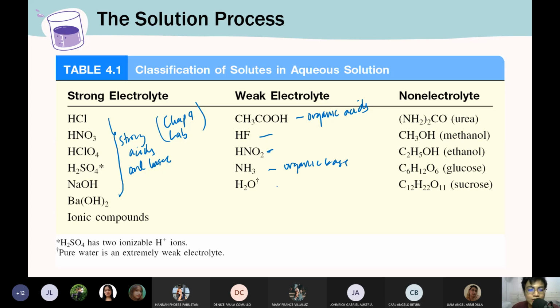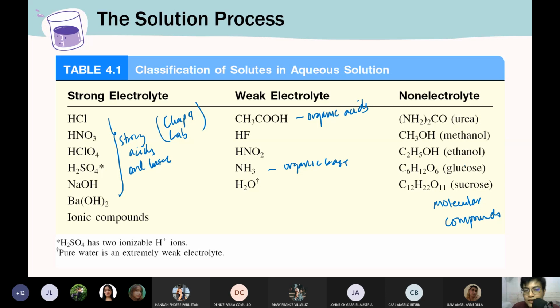And water, water also. But for water na pure, yun nga yung sinasabi ko na deionized water, it tends to be non-electrolyte. Okay, kapag deionized water. And then for non-electrolyte, as you can see, these are the compounds that do not dissociate. Basically, they are molecular compounds na.